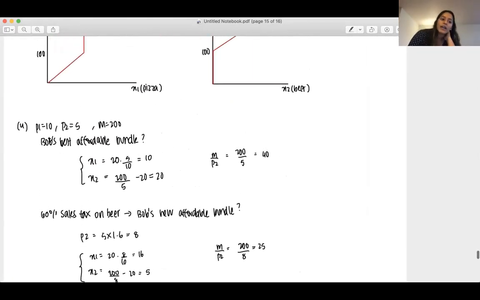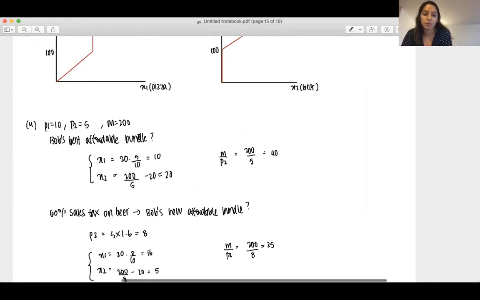So here, Bob's best affordable bundle when P1 is equal to 10, P2 is equal to 5, and M is equal to 200. Here, I've just calculated M over P2, which is equal to 40, and 40 is bigger than 20. So we just use the first part of the Marshallian demand function. Here I just substituted all the values because we have everything that we need.